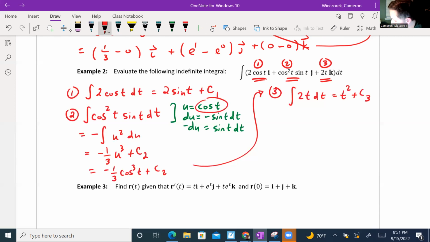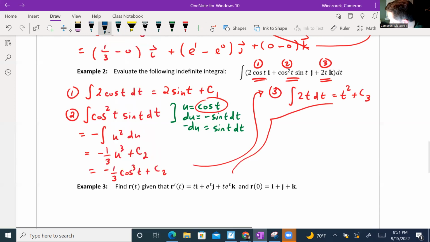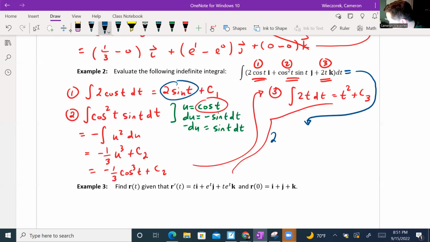So putting it all together, our result, I'm going to pick a new color. I'm bored with the same colors. Let's do blue. This thing right here, I'm going to say equals: the first component was this, so we're going to get 2 sine t i. The second component gave us this piece, minus 1/3 cosine cubed t j.